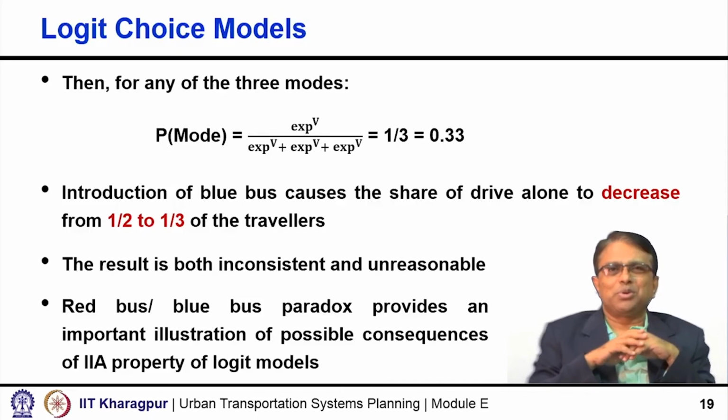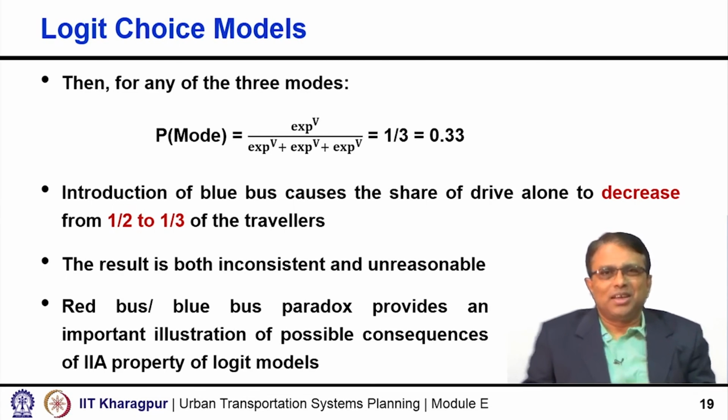So, you expect the probability of drive alone to remain 0.5 and only the probability of using the bus to get equally distributed, 0.25 and 0.25. But the multinomial logit model will say it will be 1/3, 1/3, 1/3 for each mode. Why is this happening? Because of this IIA property. So, this is a limitation of the multinomial logit model.